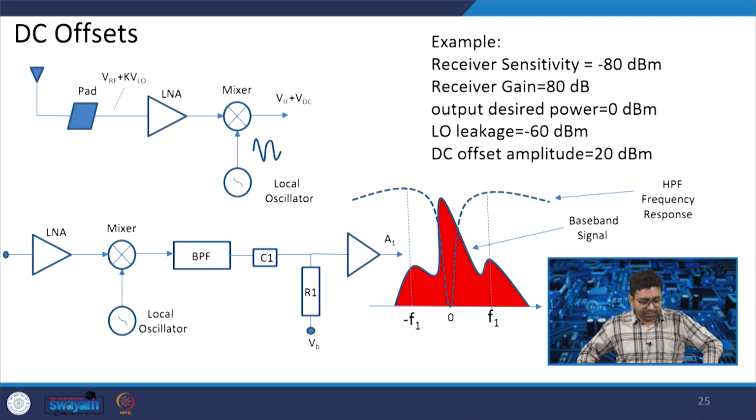Another problem of this is DC offset. So, if there is an antenna and it is connected through the pad, this is a chip.